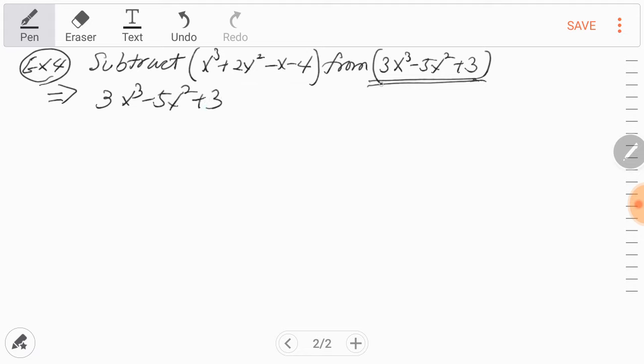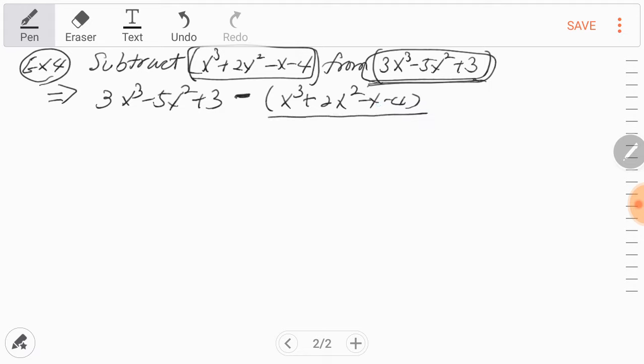So the second polynomial minus the first polynomial. So minus and then put parentheses because we are subtracting the whole polynomial. Okay, so this is the right expression.